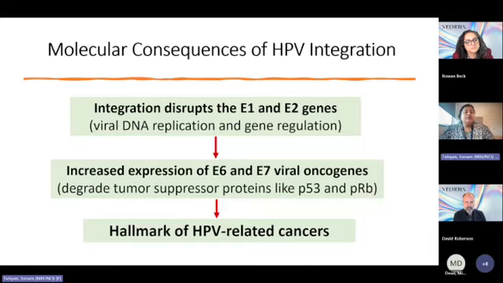These integrations disrupt the E1 and E2 genes. E1 and E2 genes are responsible for viral DNA replication and gene regulation, and their disruption leads to increased expression of viral oncogenes like E6 and E7. These viral oncogenes degrade the tumor suppressor proteins like P53 and pRB, which are implicated in cancer development.